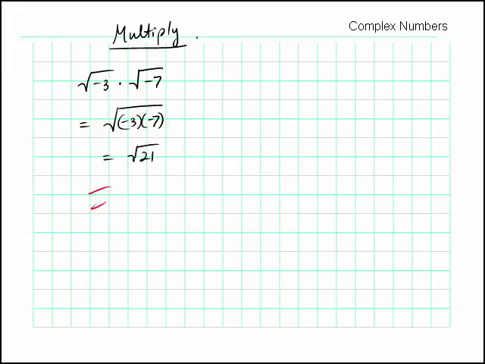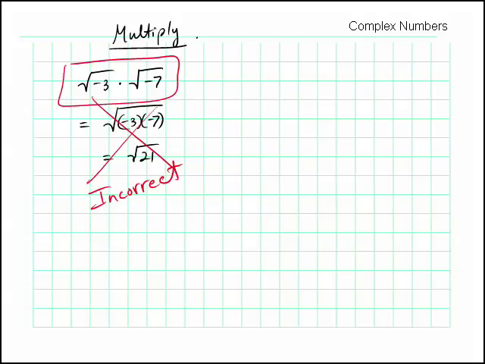This is incorrect. Because when I went from here to here, I used the product rule for radicals, but the product rule for radicals does not work when both numbers under the radical are negative. It won't work. What I have to do is this instead.